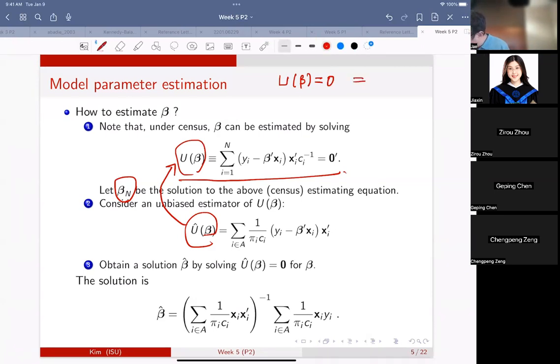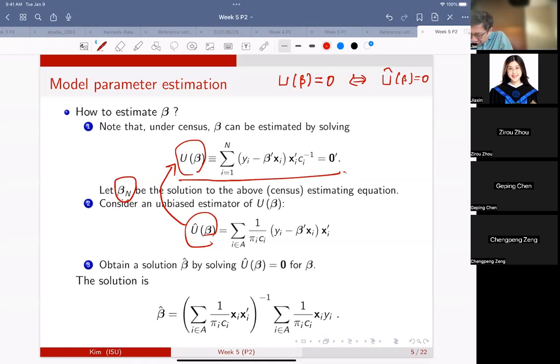So you have an estimating equation. Because the estimating equation is just the population summation of a certain quantity, you can construct the Horvitz-Thompson estimator for that function.